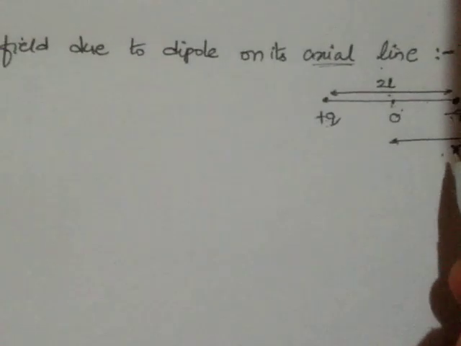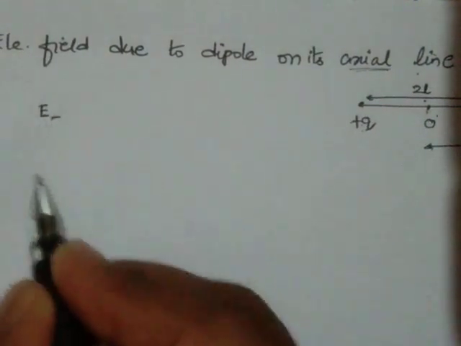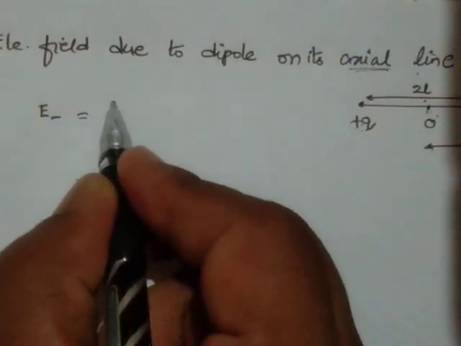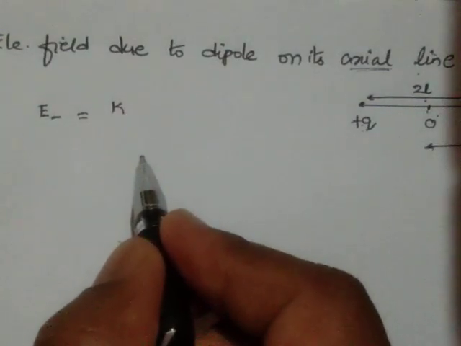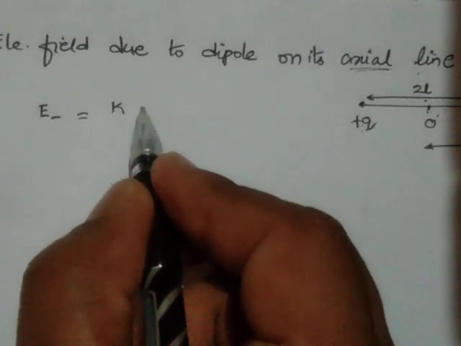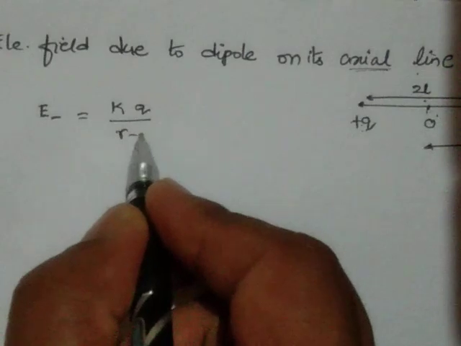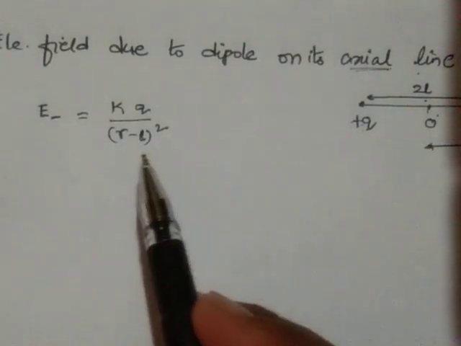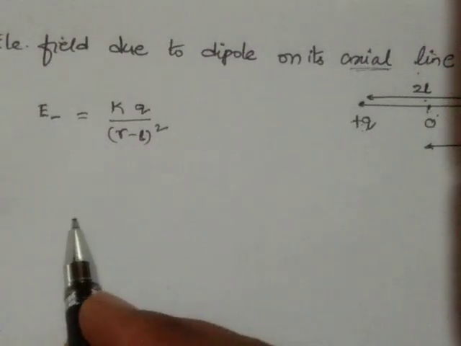First we write the expression for the field intensity due to the negative charge, E minus, given by 1 by 4 pi epsilon naught, Q by the distance of separation squared, that is r minus L whole square. This is the generalized expression for the field intensity due to an isolated charge, kq by r minus L whole square.